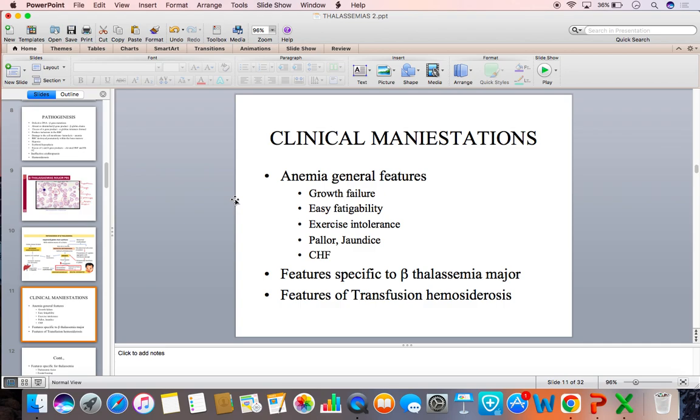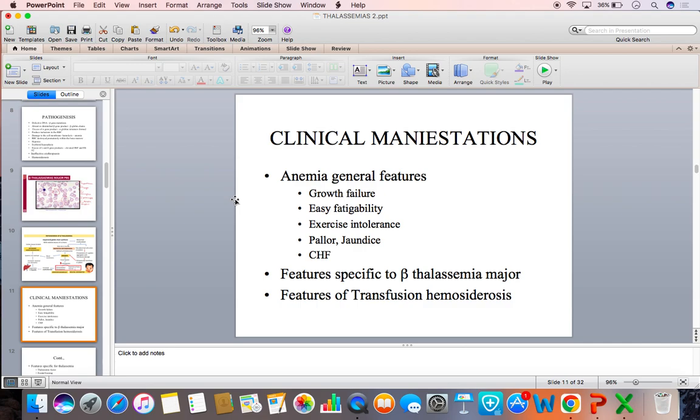Then in course of time, when there is a fall in fetal hemoglobin and no adequate synthesis of beta globin chains, there is a dramatic fall in the hemoglobin content, and the individual suffers from chronic hemolytic anemia.